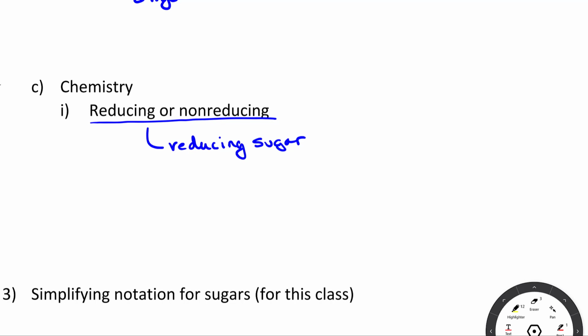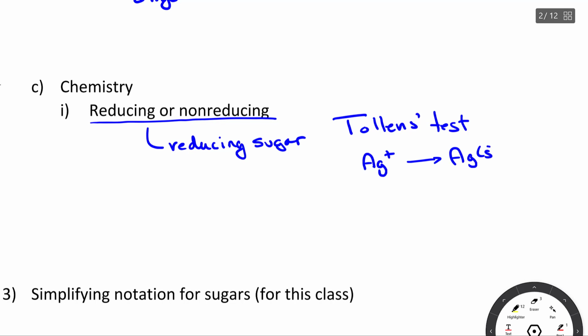And the classic test is the Tollens test. That's a capital, that's the last name. And that takes silver ion in a basic solution and converts it to silver solid. This is actually known as the silver mirror test, or silver mirror in a test tube. I've got all kinds of names for it, but it's Tollens test.